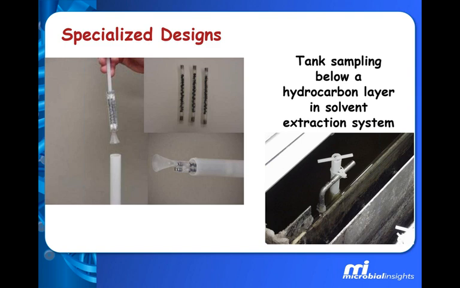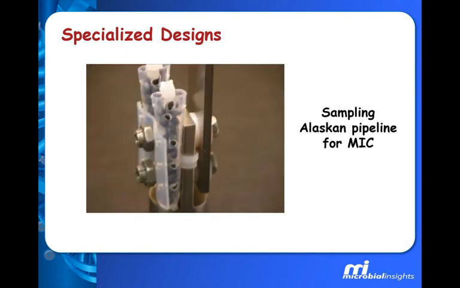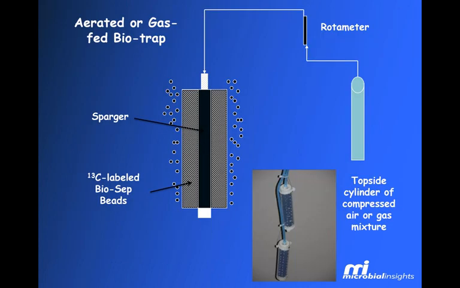Here is a biotrap assembly that was used to sample below a hydrocarbon layer in the aqueous phase in a solvent extraction system. Here are some very small biotraps that you might recognize as a coupon holder. This was deployed in a pipeline in Alaska monitoring microorganisms.